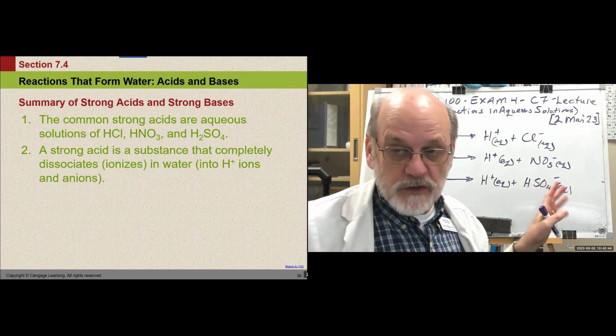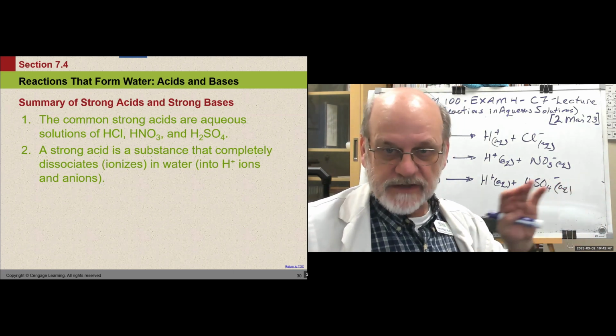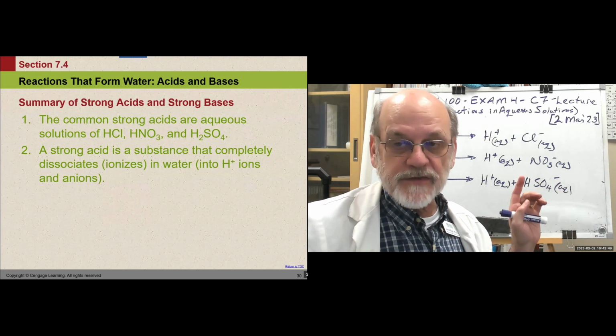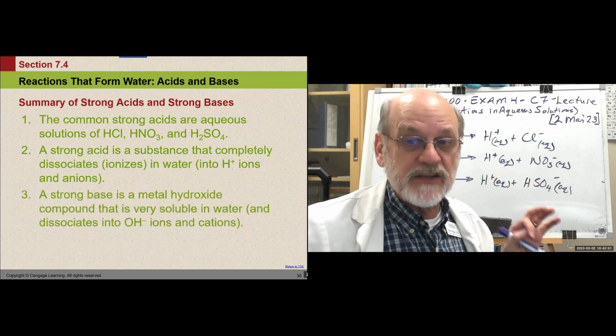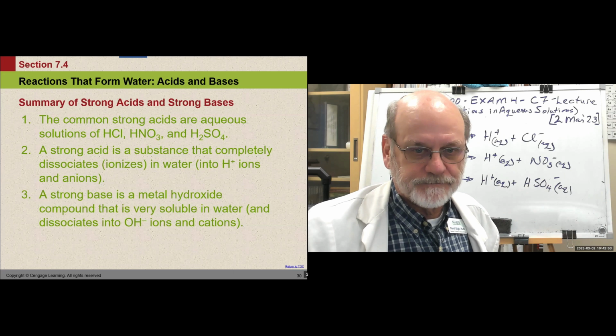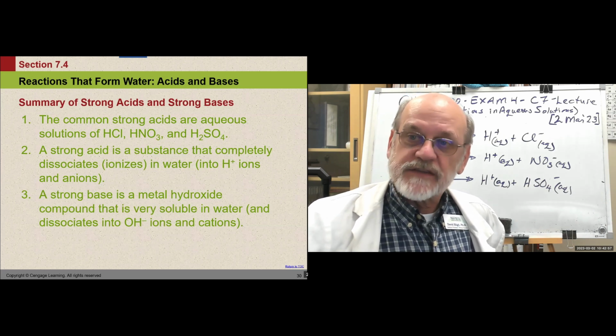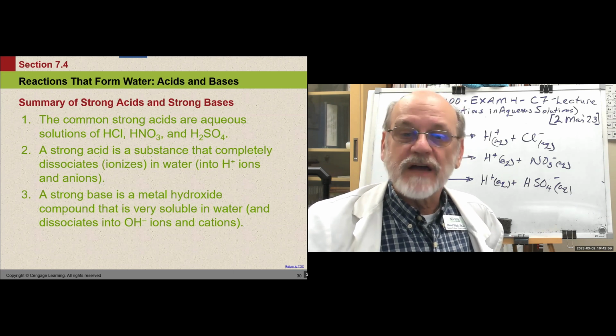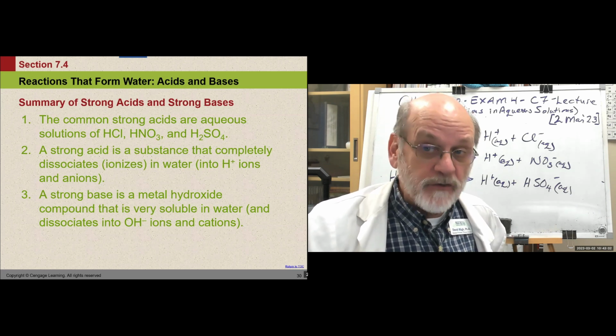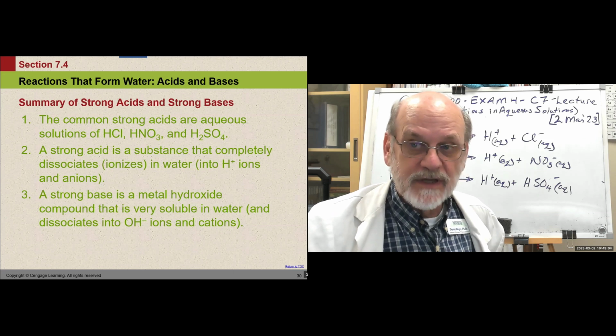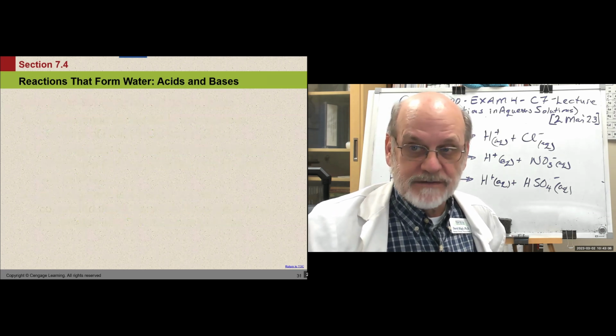But in solution, just these pure acids in solution, that's the reaction for each one, making it a strong acid. Similarly, a strong base dissociates into its cation and its hydroxyl ion. And remember, hydroxyls are polyatomic ions, OH minus.